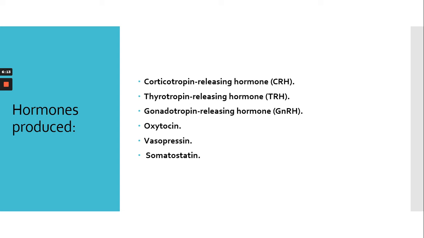Additionally, I would like to also mention that oxytocin and vasopressin ADH are basically passed down to the posterior pituitary, the neurohypophysis, and then they're released from there. And most of the hormones released from hypothalamus basically go to the pituitary gland, and they direct the pituitary gland to do the next set of functions.